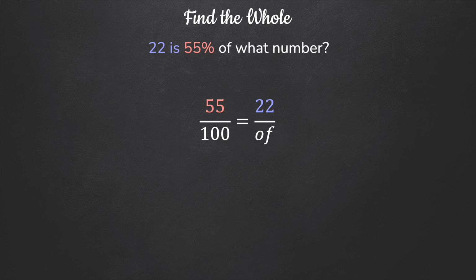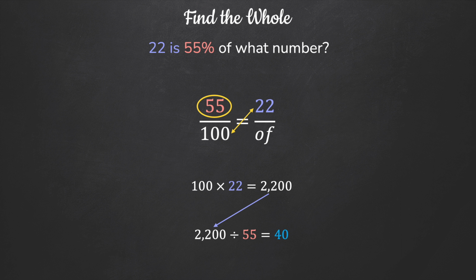And so in order to do that, we're going to multiply 100 by 22. 100 times 22 is equal to 2,200. Then we're going to divide by our last value. So 2,200 divided by 55 is equal to 40. So this means that 22 is 55% of 40.